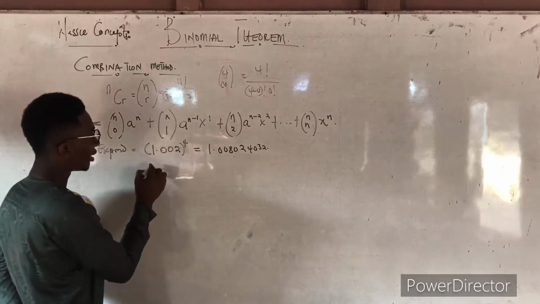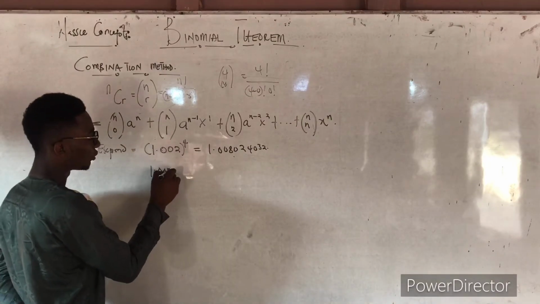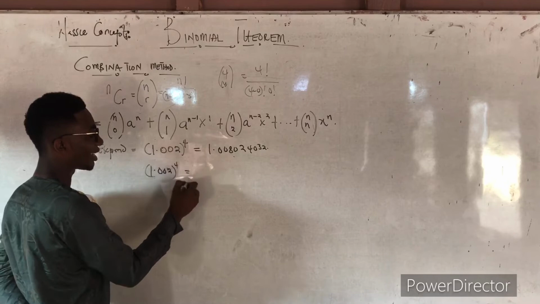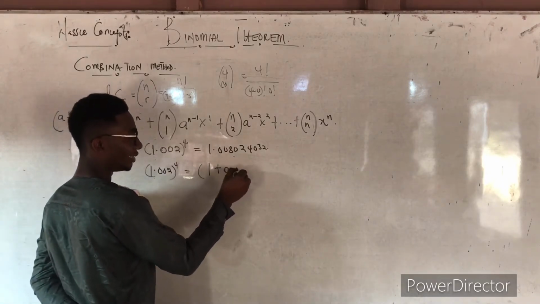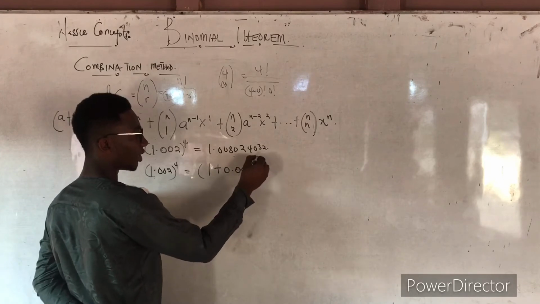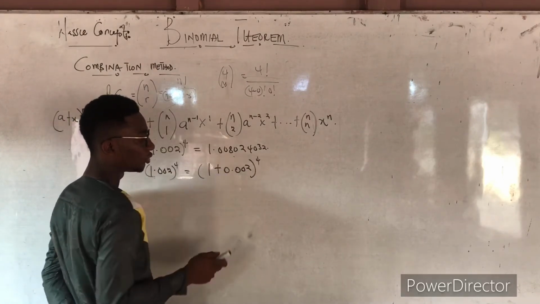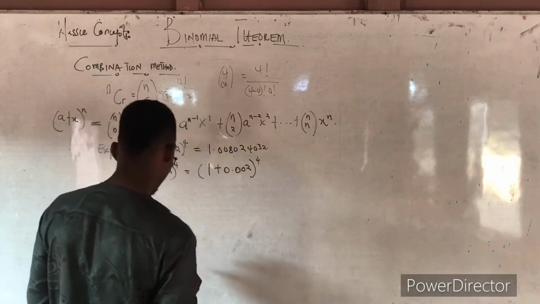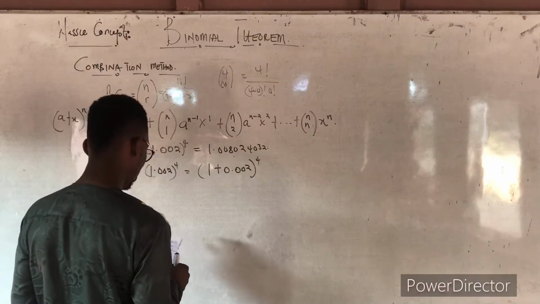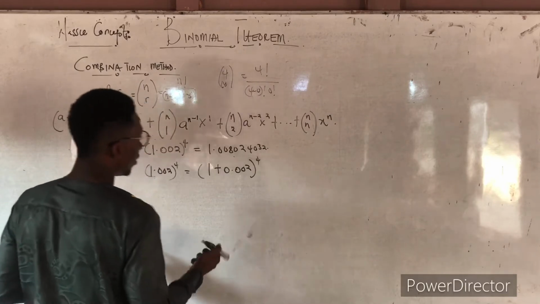But what happens is that 1.002 exponent 4 can be extended as 1 plus 0.002 exponent 4. Now 1 plus 0.002 is the same as 1.002.